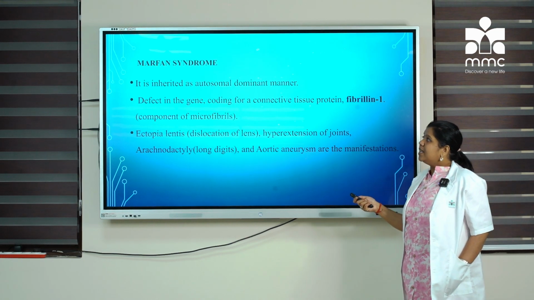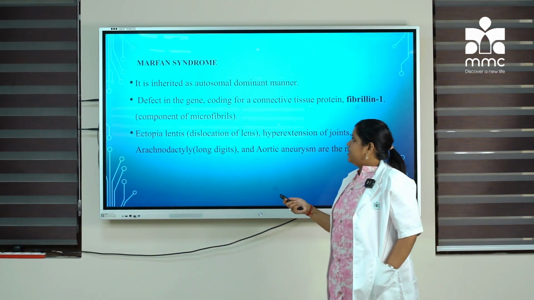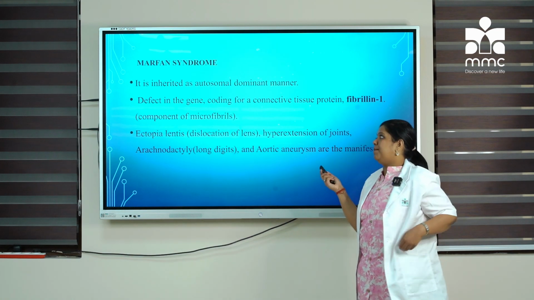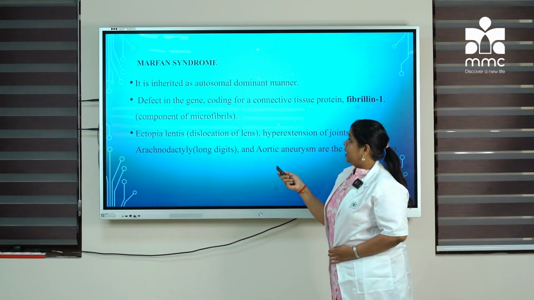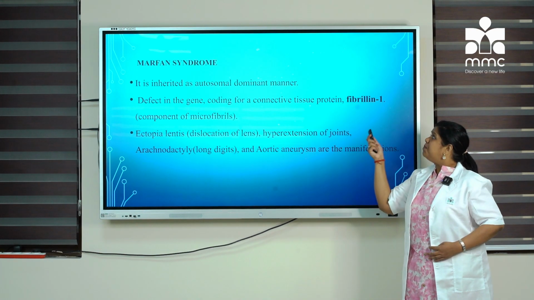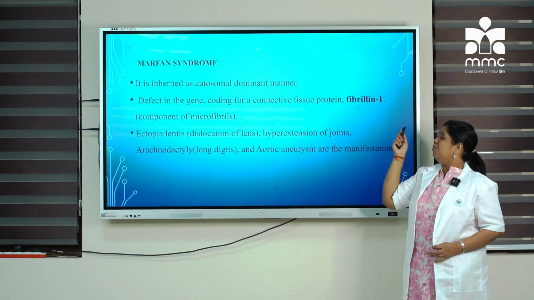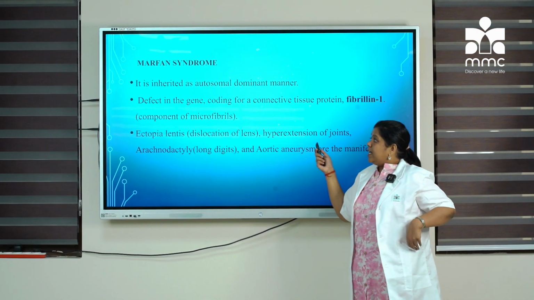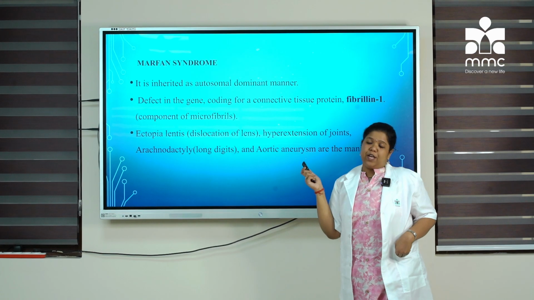Then coming to the next one, Marfan syndrome. It is an inherited autosomal dominant defect in the gene coding for the connective tissue protein called fibrillin 1, that is, a defect in fibrillin 1. It is also a component of microfibril.